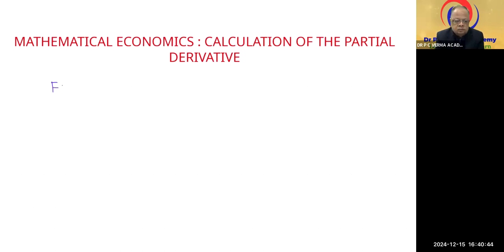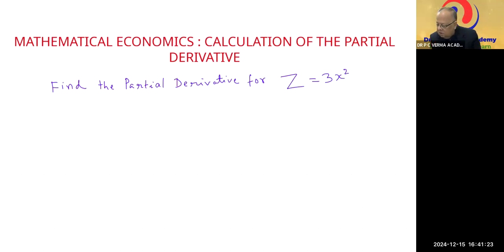Find the partial derivative for z is equal to 3x square y cube.